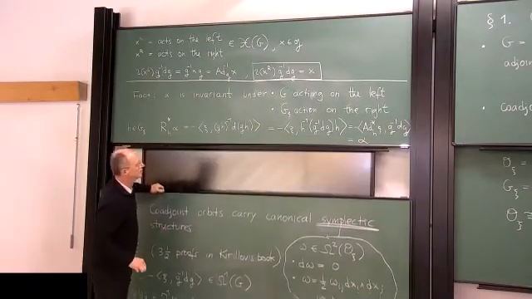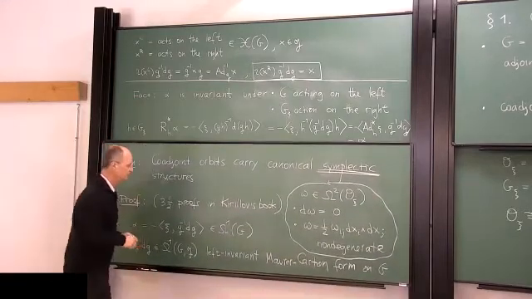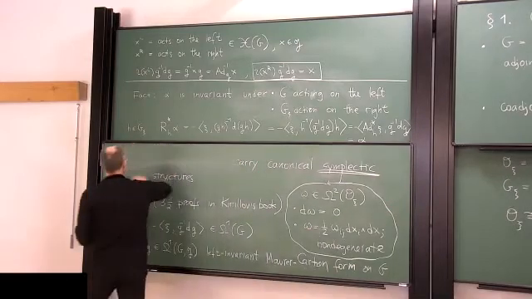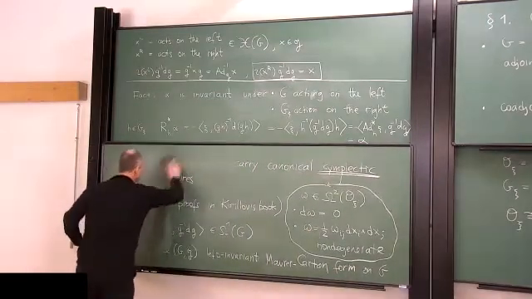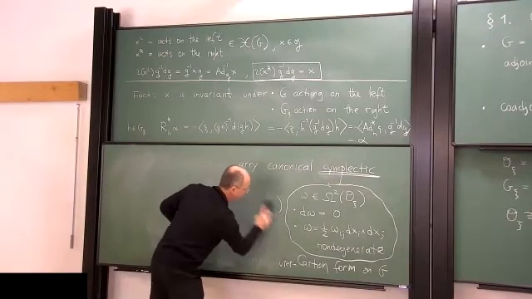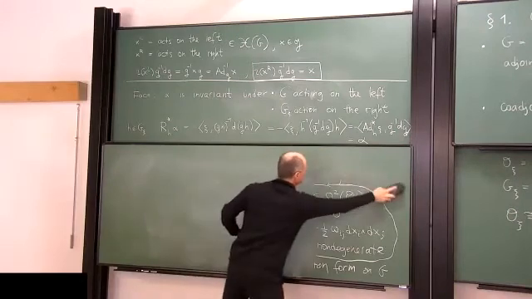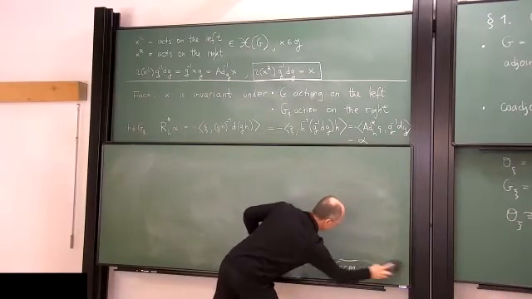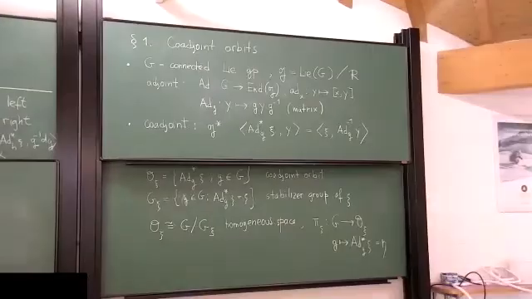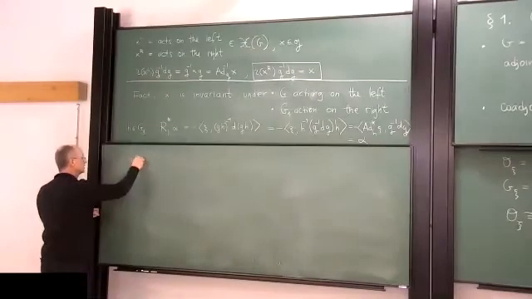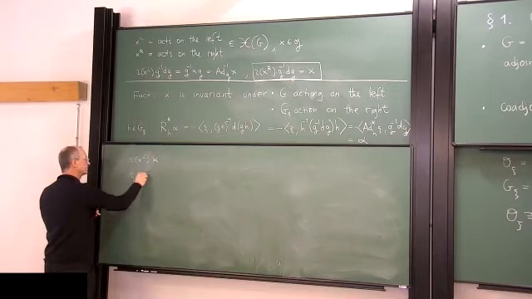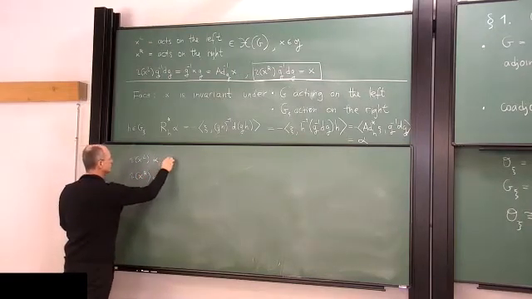Okay, so that's one property. Now I would like to make two more computations, which will come very handy in what follows. So let me compute iota of X left alpha and iota of X right alpha.